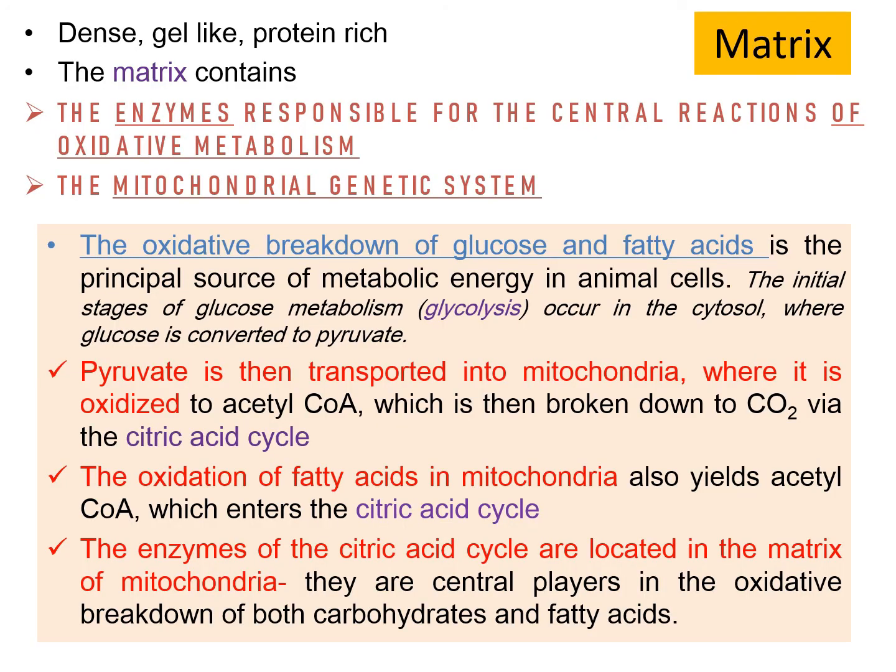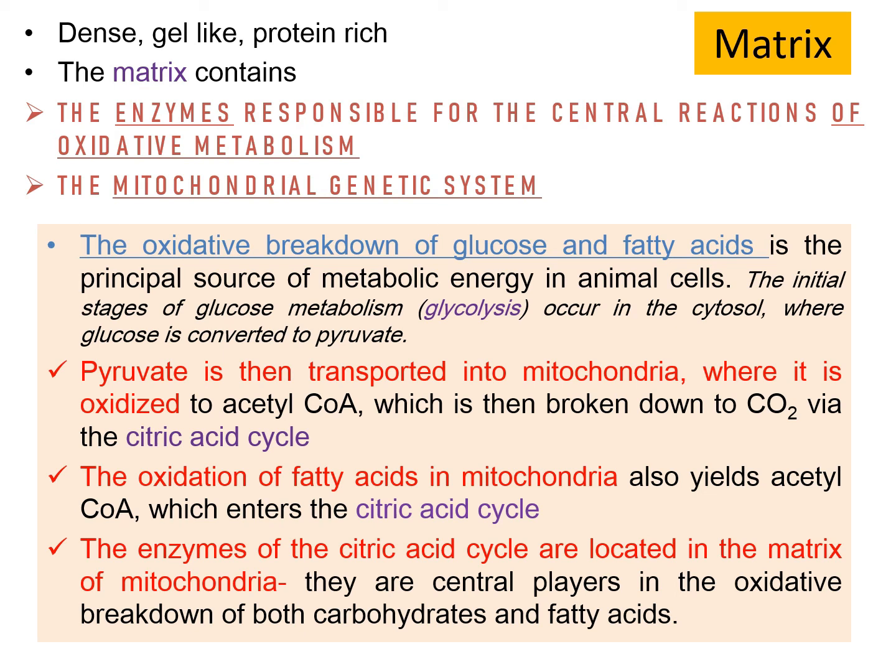Now the matrix. The matrix is dense, gel-like, and protein-rich. The two main constituents of the matrix are, one, the enzymes responsible for oxidative metabolism, and second, the mitochondrial genetic system. So these two are the main constituents of the matrix of mitochondria.